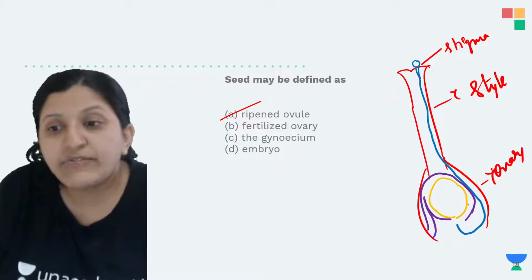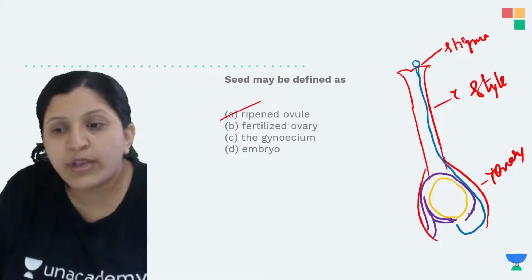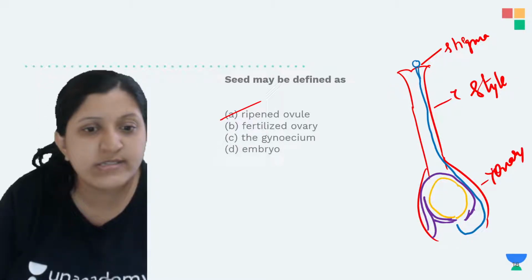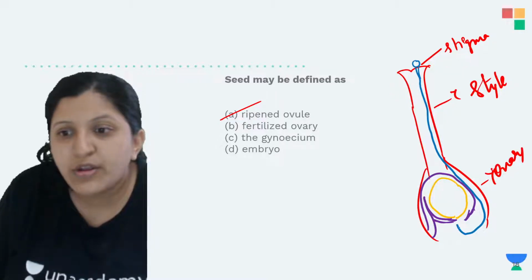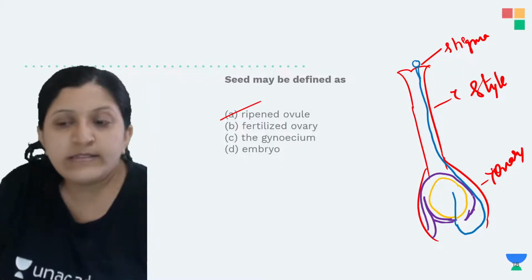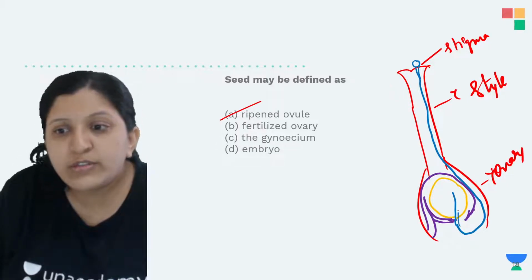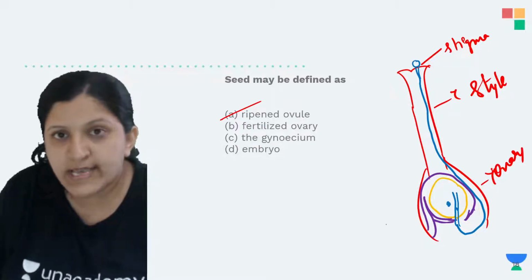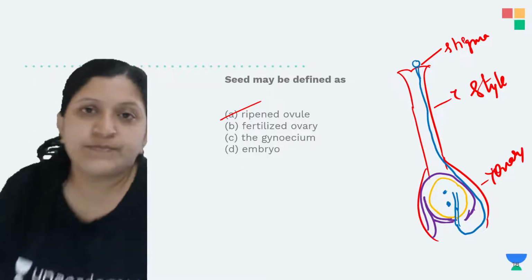This ovule has a small opening through which the tube can enter. It first enters the synergid cells of the embryo sac. Through this tube it transfers its male gametes. One male gamete will join with the egg cell, and the other male gamete will join with the polar nuclei.